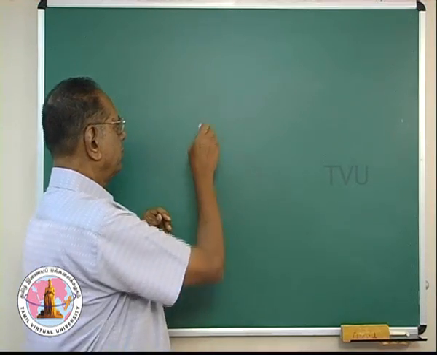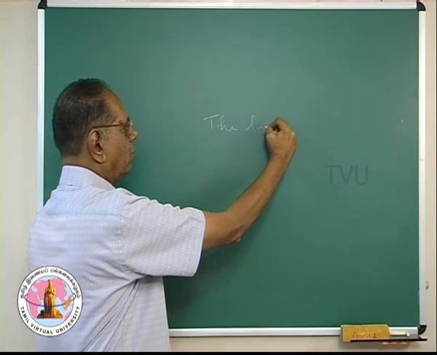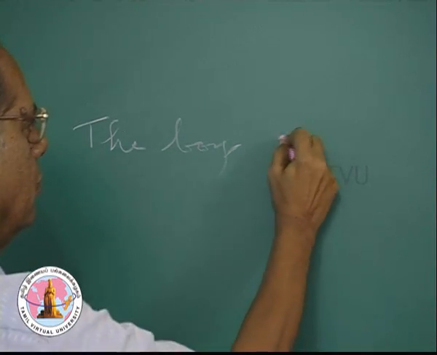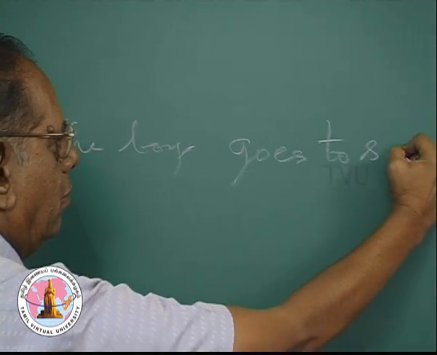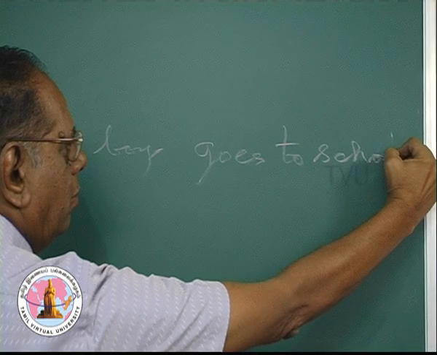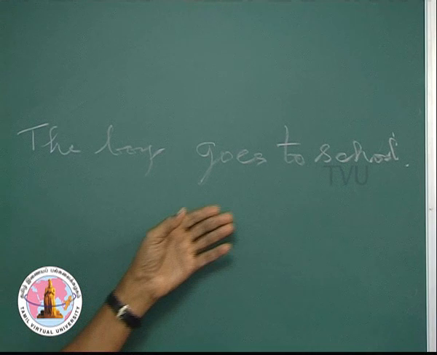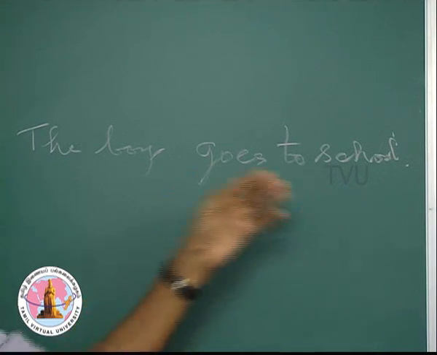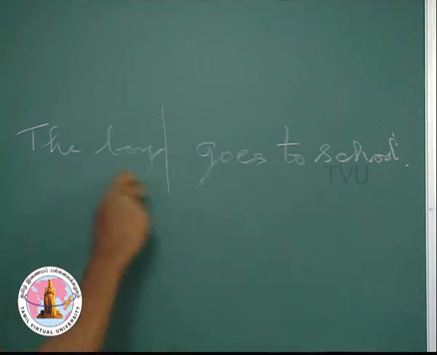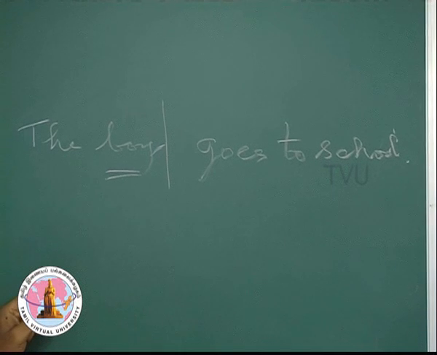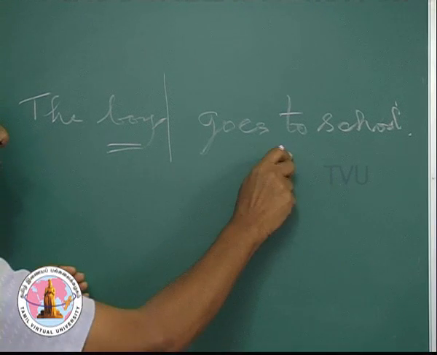Let us have an example. The boy goes to school. Boy is the subject, as you know. And what is the rest? Predicate.